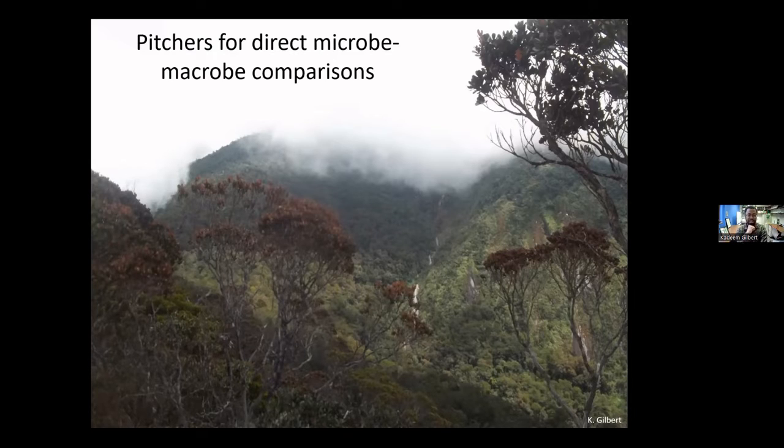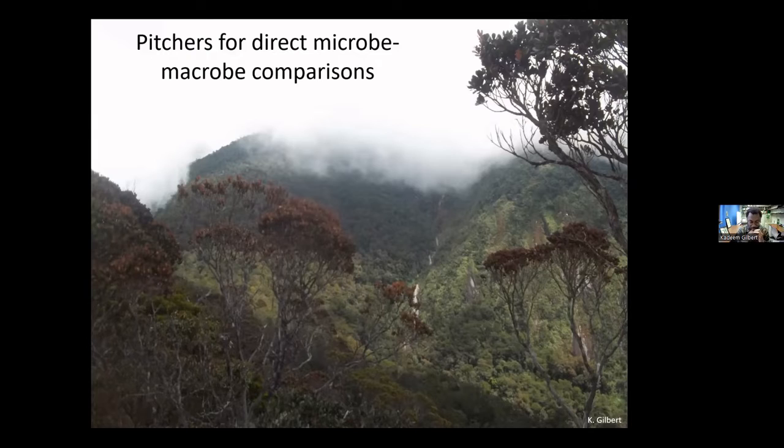So I contend in this study that pitchers are a very useful system for looking at this question of how microbes react to, specifically, these elevational changes. Because in the pitcher, we have symbionts in the same microenvironment, both the insects and the bacteria living together.